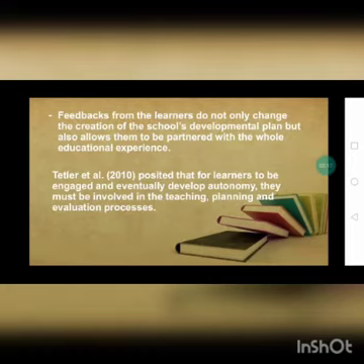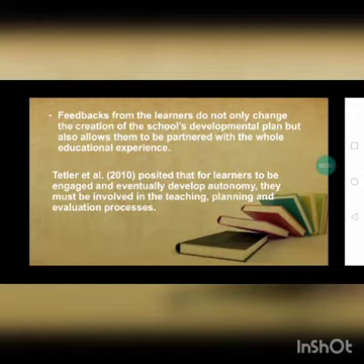Feedbacks from the learners do not only change the creation of the school's developmental plan, but also allow them to be partnered with the whole educational experience. Feedbacks from the learners are the keys to improving the teaching skills of the teachers.